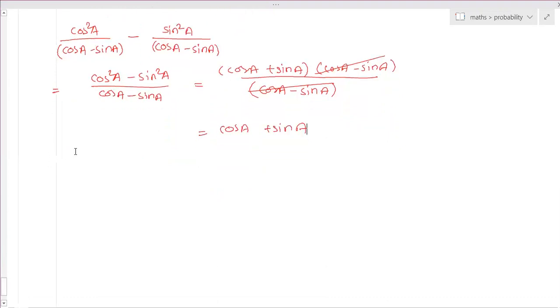If completed, then the next question. One minus sine theta plus cos theta whole square is equal to 2 into 1 plus cos theta into 1 minus sine theta.